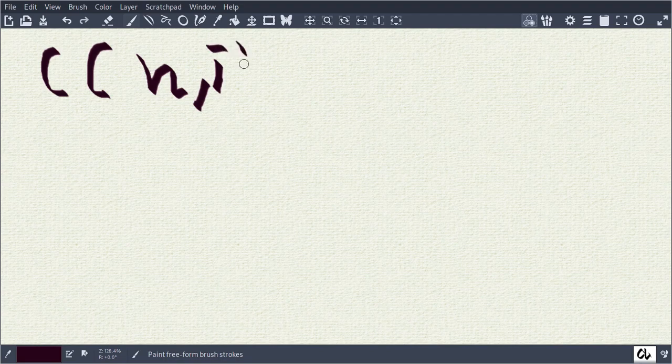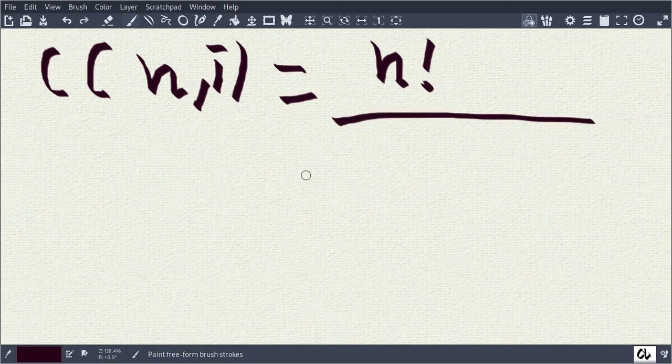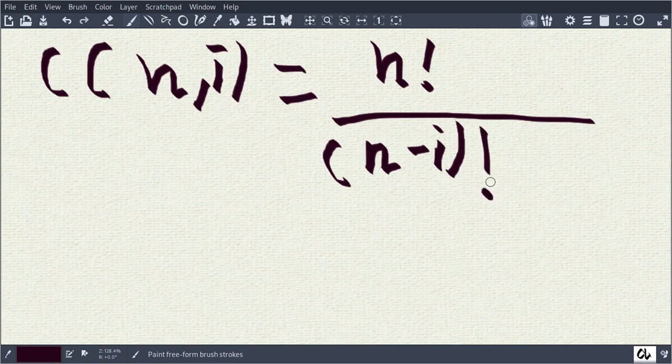So we need to know what this is. This is defined as n factorial over n minus i factorial times i factorial.